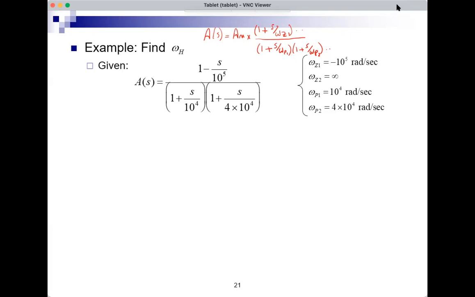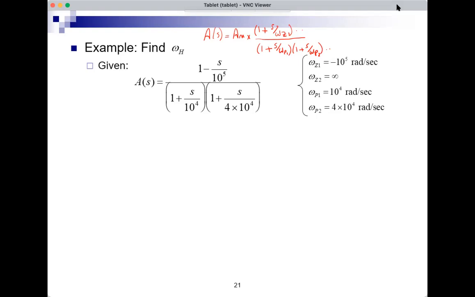If we are given the function and we can determine the location of the poles and the zeros, we always try to answer the question, is there a dominant pole? And if there is, then this would be an approximate value for omega h.